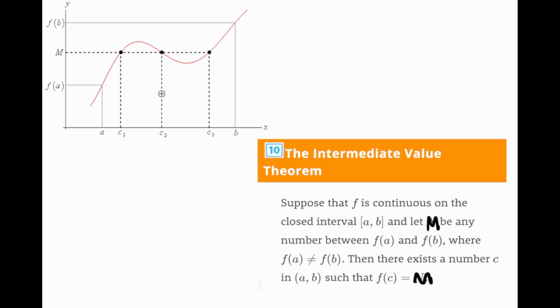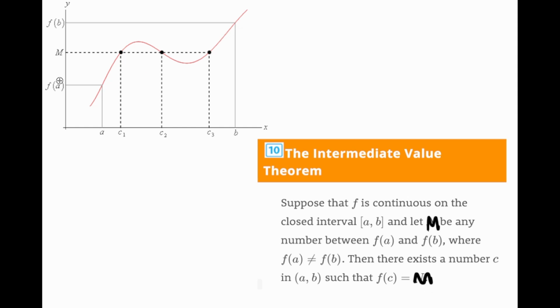So we can see from this graph here and this theorem I found online: suppose that f is continuous on the closed interval from a to b, and let m be any number between f of a and f of b, where f of a does not equal f of b. Then there exists a number c in a, b such that f of c is equal to m.